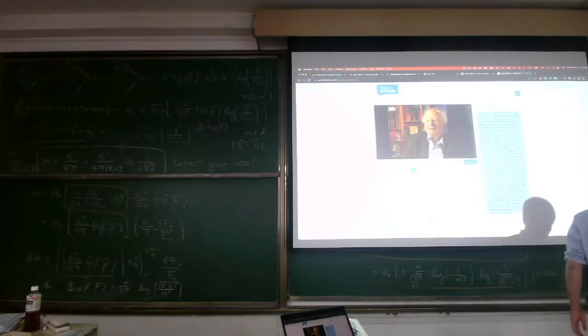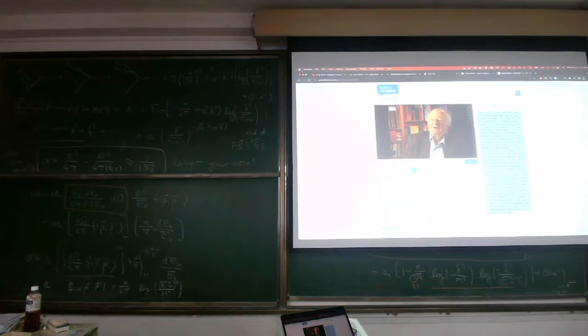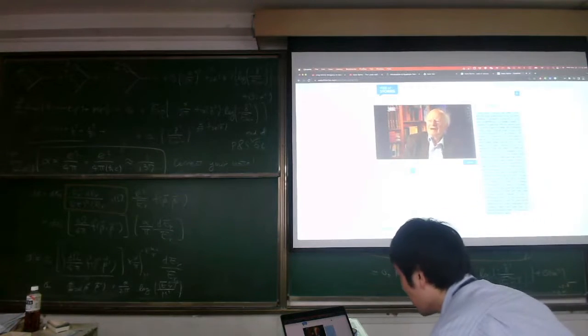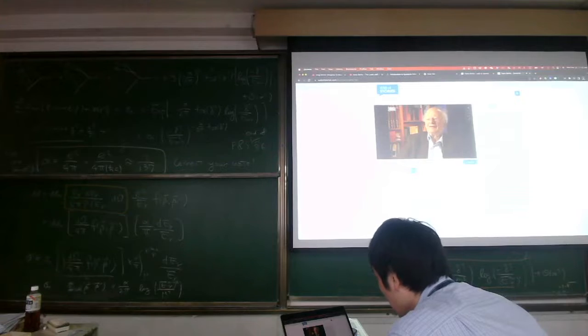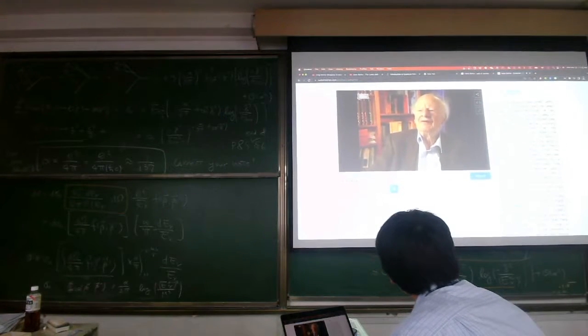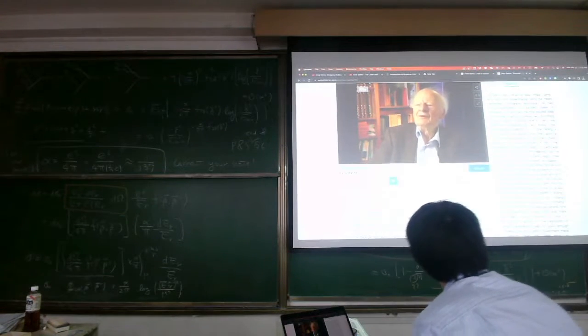Another great influence was Willis Lamb, who had done experiments using the newly developed microwave technique. He had done experiments on excited states of hydrogen, in particular the first excited state of principal quantum number 2.